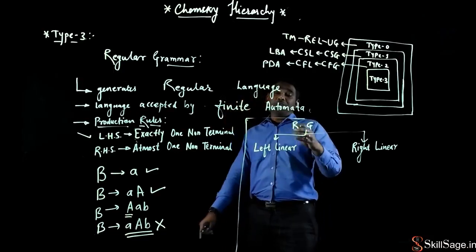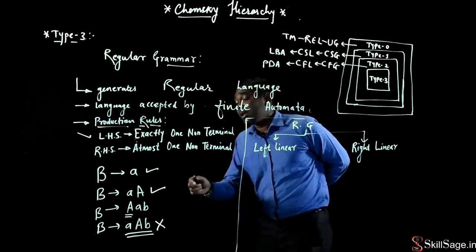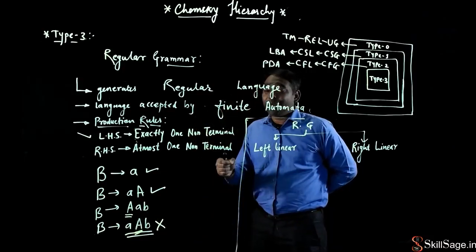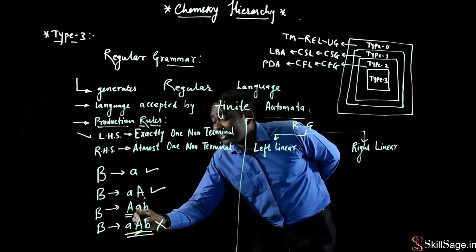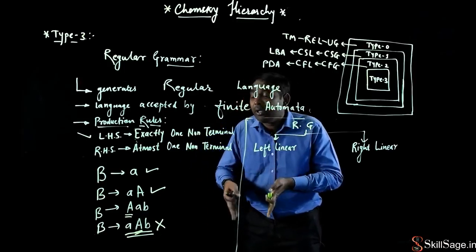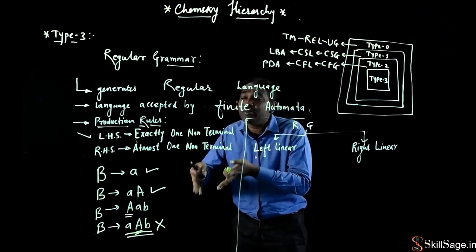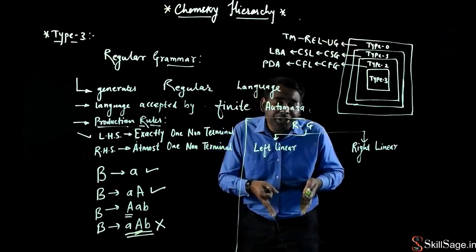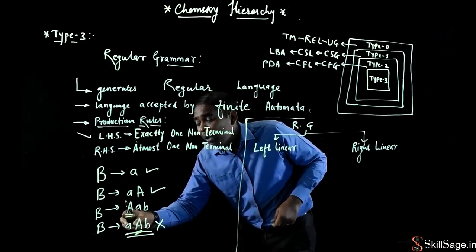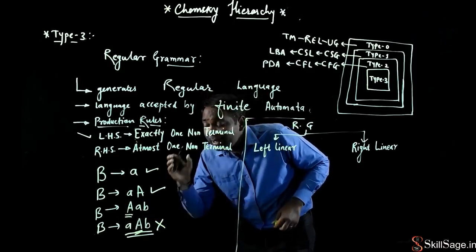Why is it so? Here the position of this non-terminal symbol does matter. Because the non-terminal symbol cannot be in between. If a non-terminal symbol is present on the right hand side of my production rule, then its position should be either the leftmost symbol or the rightmost symbol.